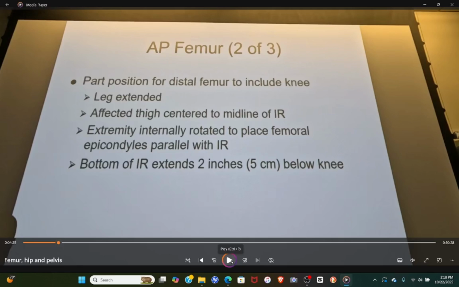It says to internally rotate the toes 15 to 20 degrees. In previous editions of the textbook, that was 10 to 15 degrees. And if you look on page 381, it also says 15 to 20 degrees.